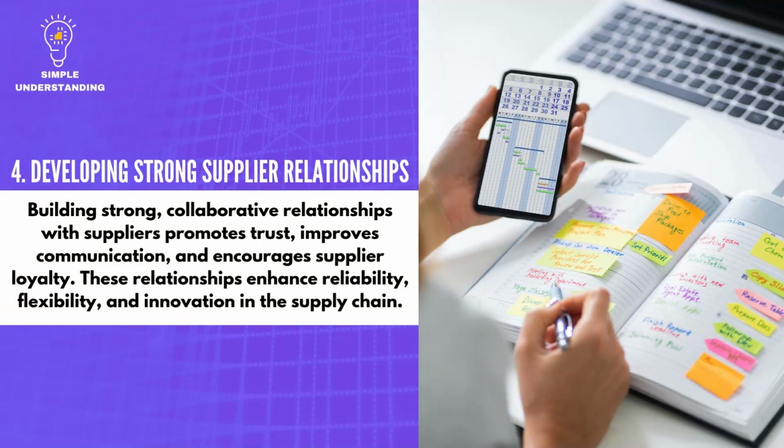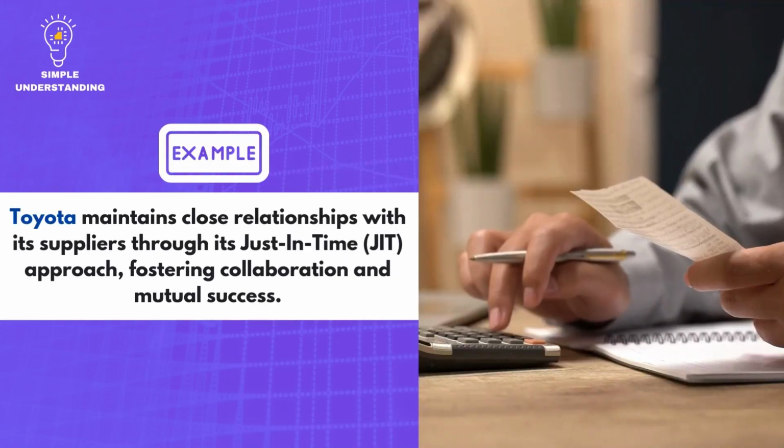4. Developing strong supplier relationships. Explanation. Building strong, collaborative relationships with suppliers promotes trust, improves communication, and encourages supplier loyalty. These relationships enhance reliability, flexibility, and innovation in the supply chain. Real company example.